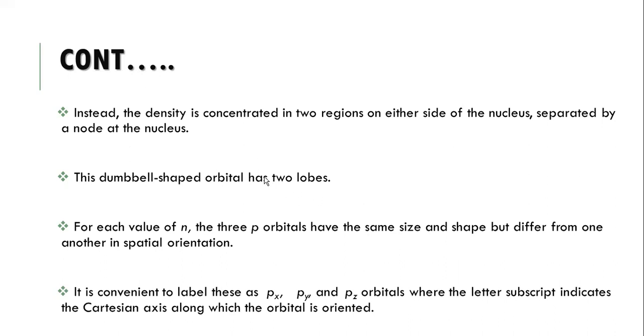Therefore, you can see two lobes; the orbital is dumbbell shaped. For each n value you have three orbitals of the same size and shape, but they differ in spatial orientation. That is why we get Px, Py, and Pz. Let's see that diagram, then you will understand why they are telling like that.